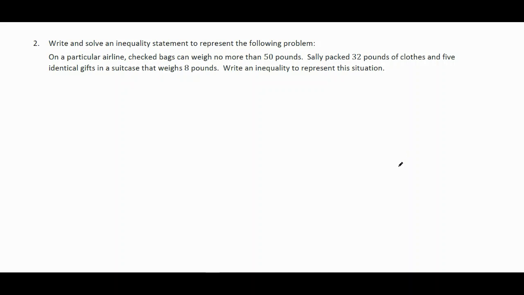Next one. It says here, write and solve an inequality statement to represent the following problem. On a particular airline, checked bags can weigh no more than 50 pounds. Sally packed 32 pounds of clothes and 5 identical gifts in a suitcase that weighs 8 pounds. Write an inequality to represent this situation.